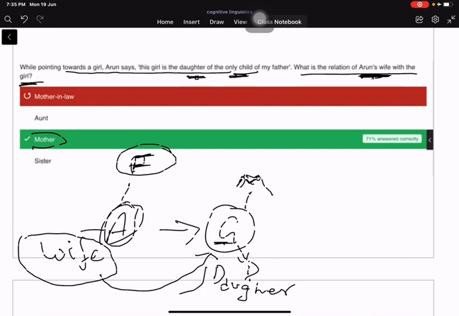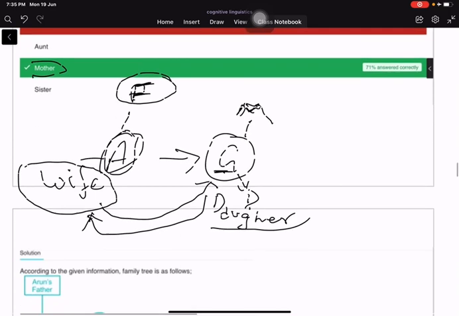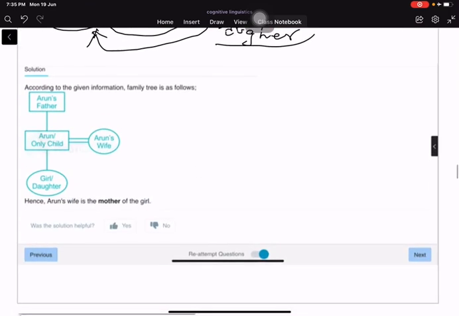So Arun's wife is the mother and the girl is the daughter. Arun is the only child, and the girl is the daughter, and Arun has a wife. So how is Arun's wife related? Well, she is the mother of the girl.